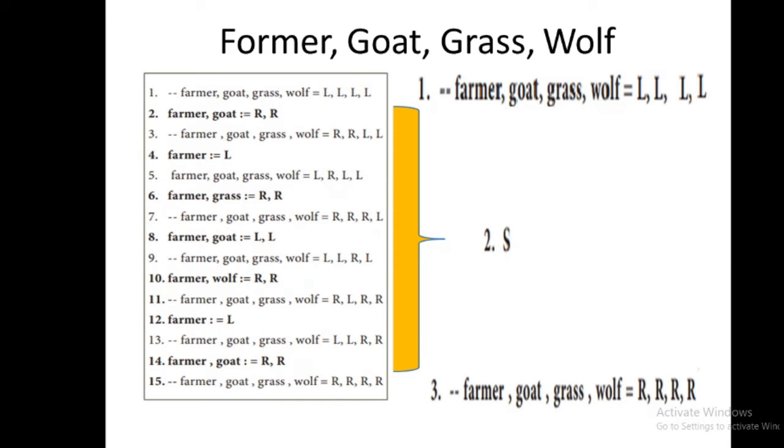Here I explain one story from your book: farmer, goat, grass, wolf. So four things are given here. In the algorithm notation, it is covered in 15 steps. See the first statement: farmer, goat, grass, wolf, their values are given on the right side, all else. The result statement in the 15th line gives farmer, goat, grass, wolf, all the items' values.